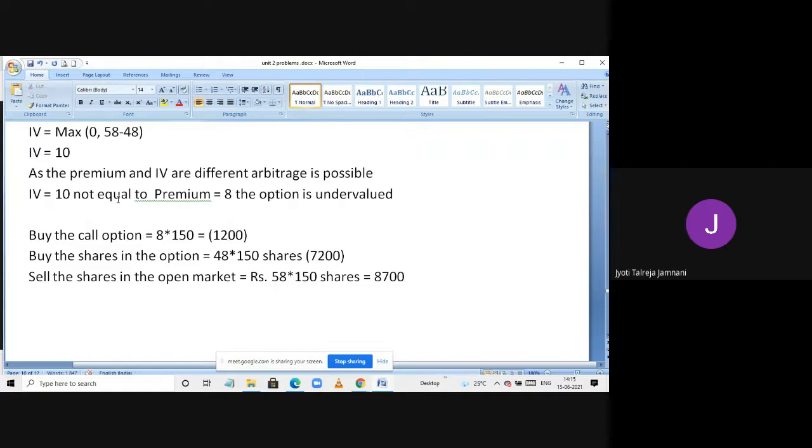So you see here, you have paid 1200 premium. You have paid 7,200 to buy the shares, and you have received 8,700 by selling the shares. So your arbitrage gain, how much? 300.